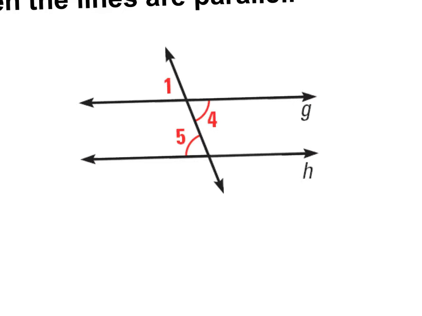So talk it out before you give the step-by-step process. Go ahead. 1 and 4 is vertical. Good. Or you can say 1 and 5 is corresponding. Yep. So you could say 1 and 5, if the lines are parallel, then 1 and 5 are corresponding. 1 and 5 would be congruent if 1 is equal to 4 and 4 is equal to 5. Does that make sense?